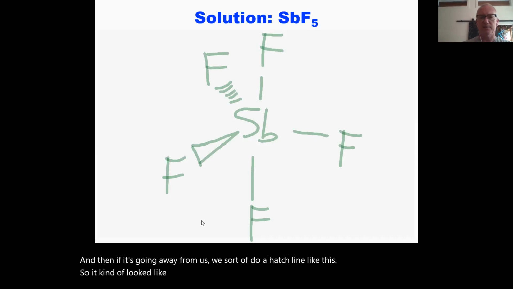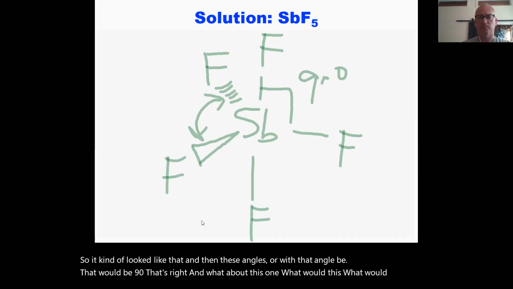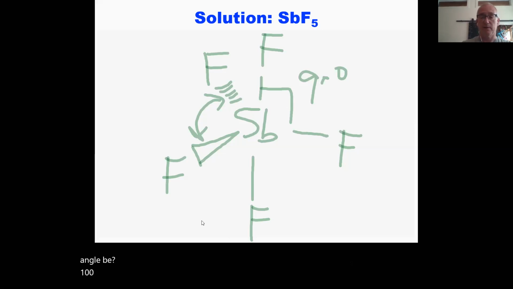And then these angles, what would that angle be? 90, that's right. And what about this one? 130? 120, you're really close. 360 degrees in a circle, and we divide by 3. So yeah, it's 120.